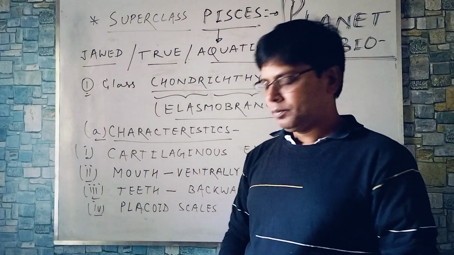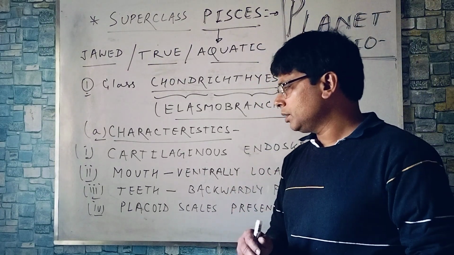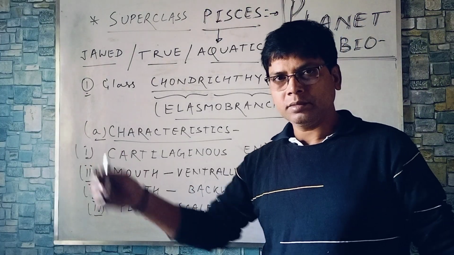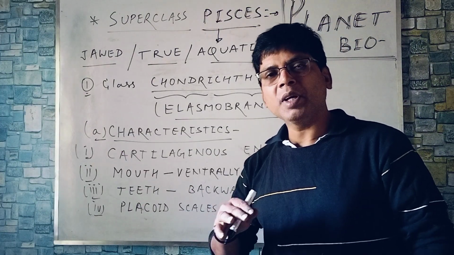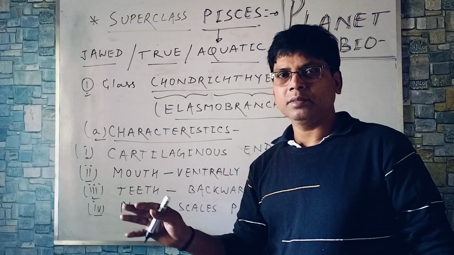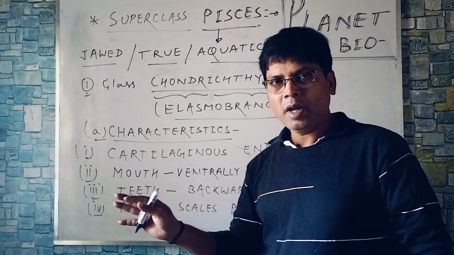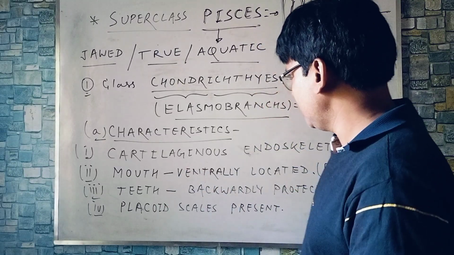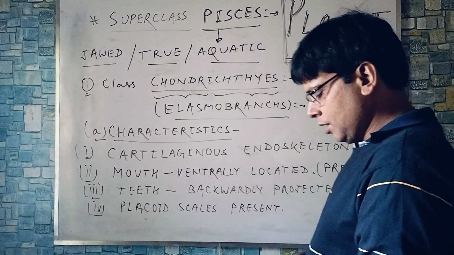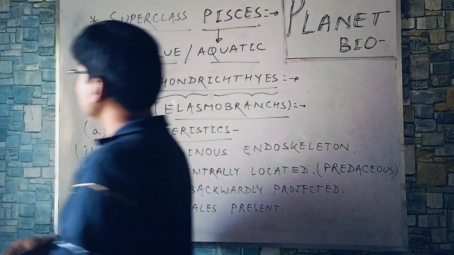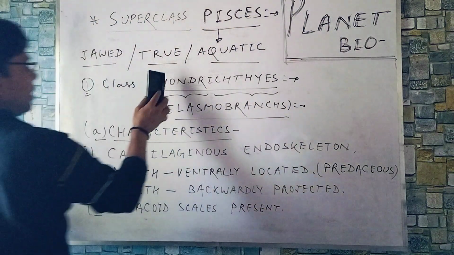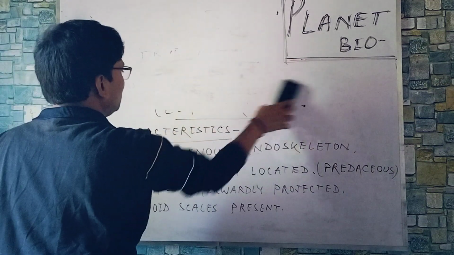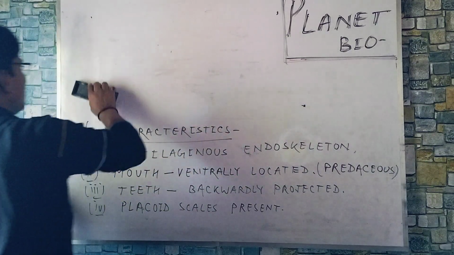So, first of all, you must note down that cartilaginous fishes are larger in size and they are found in marine water only, salted water only, sea water only, and their number is very low, only 600 species. These are question making points.